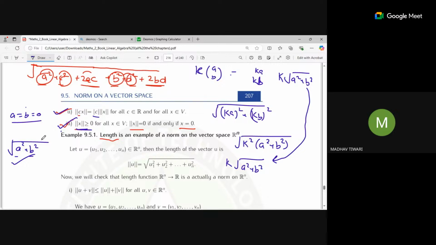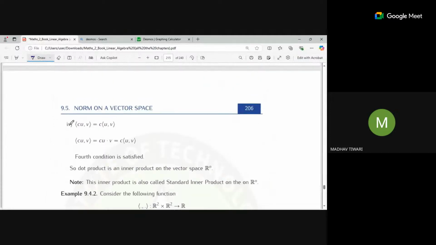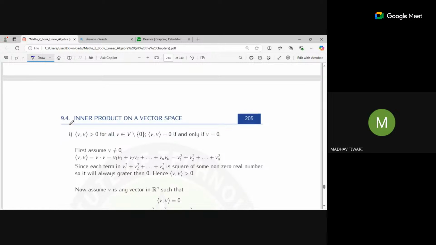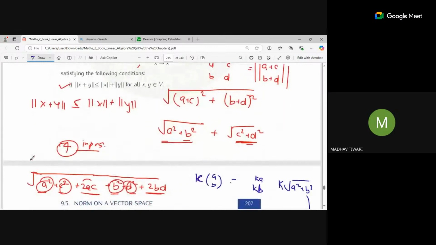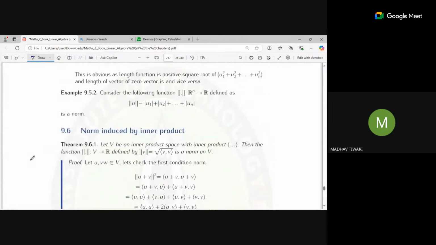You don't have to check this part if you have already checked this property in the inner product space case, this one. So you don't have to check it again.